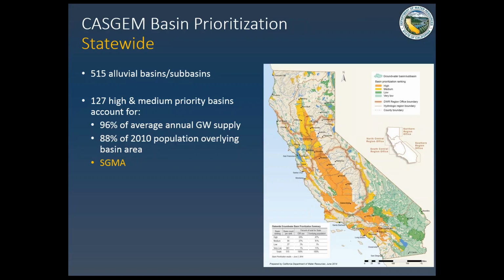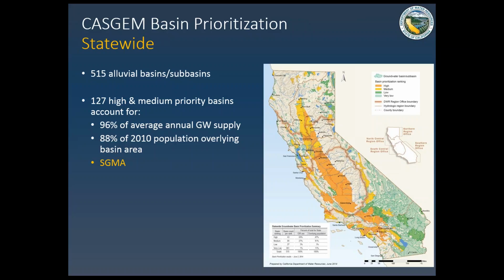We also had to look at other documented impacts such as overdraft, subsidence, saline intrusion, or other water quality degradations. And in some cases, we had other information besides those that we also had to take into consideration. And with the new SGMA legislation, we now need to look at local habitat and local stream flows and whether or not groundwater pumping is causing any impacts.